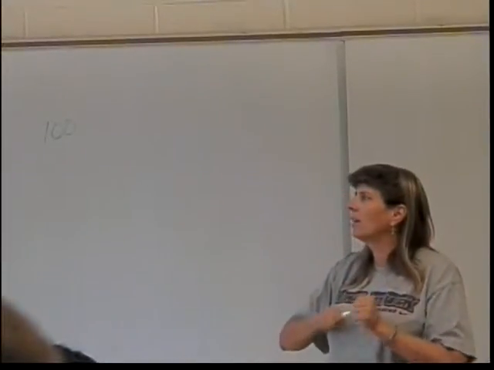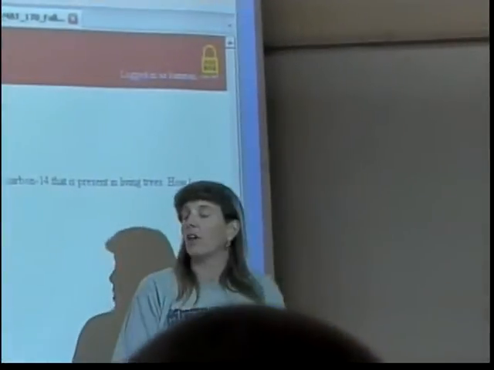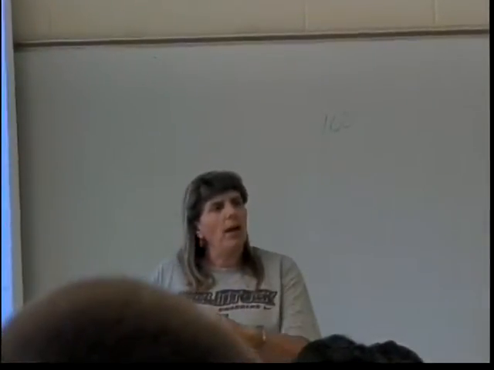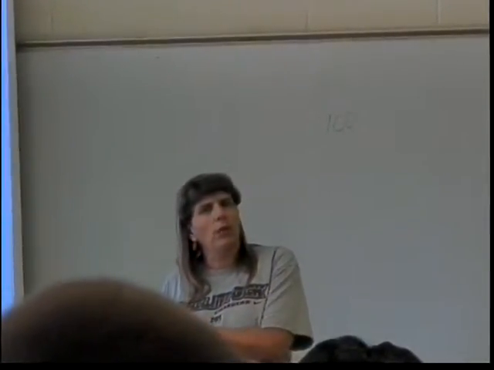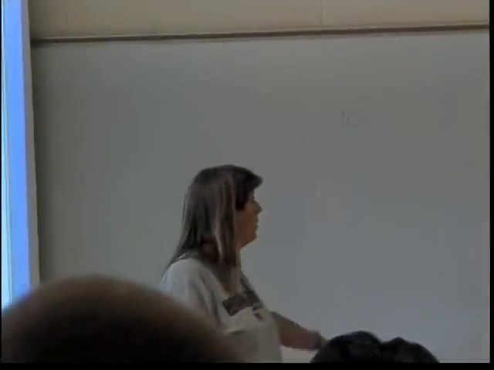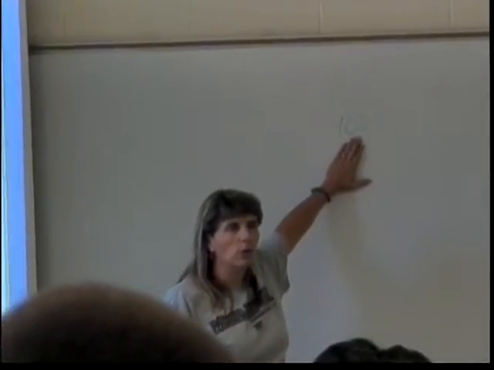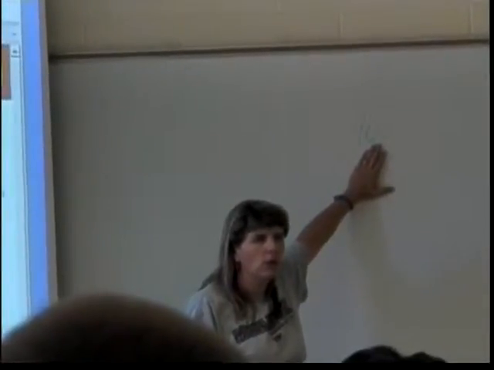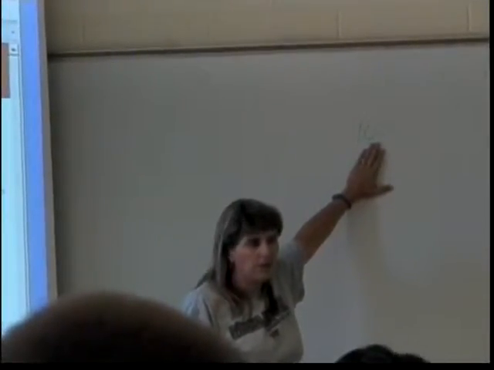And we're going to calculate R by using the fact that we know the half-life of carbon-14 is 5,730 years. So if I know that the half-life is 5,730 years, how long does it take till I end up with half of what I started with? 5,730.